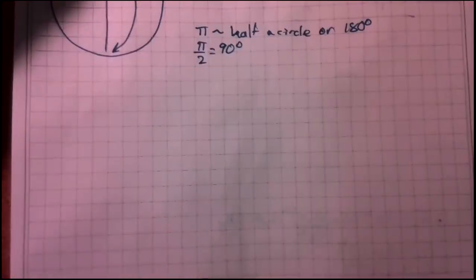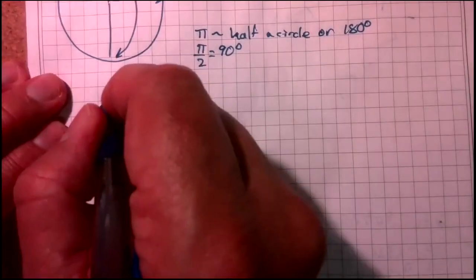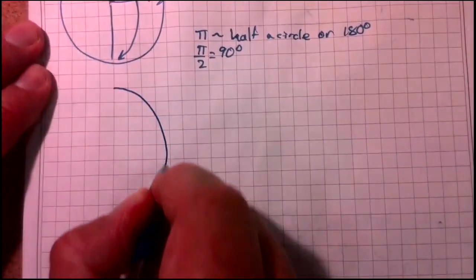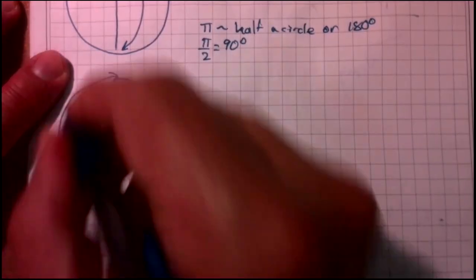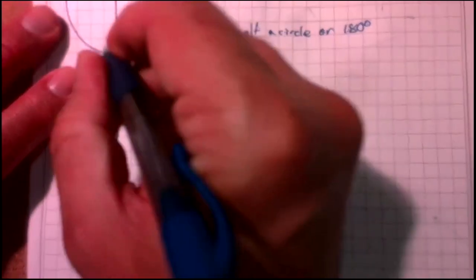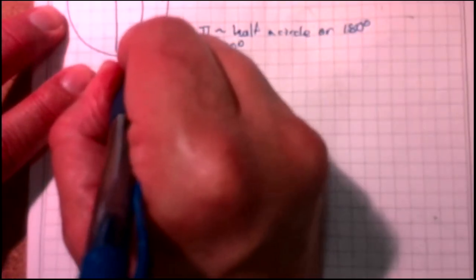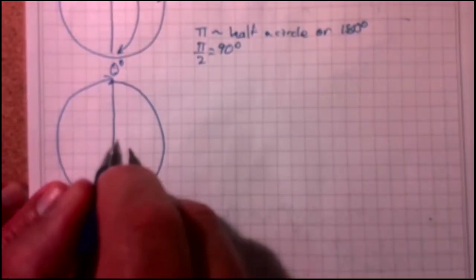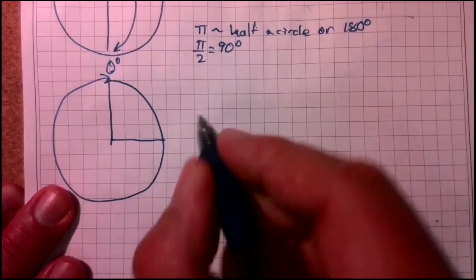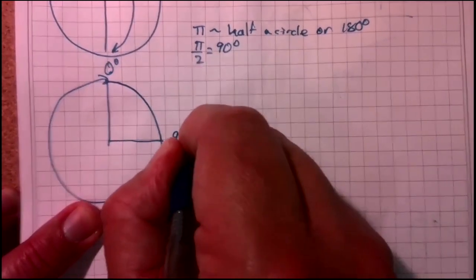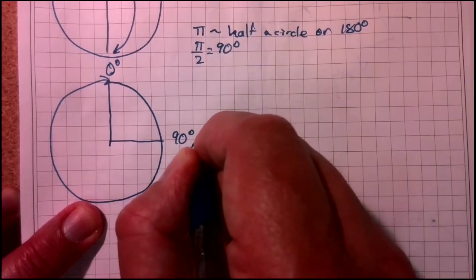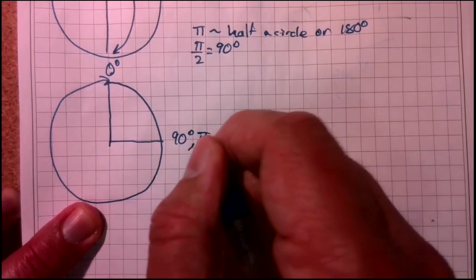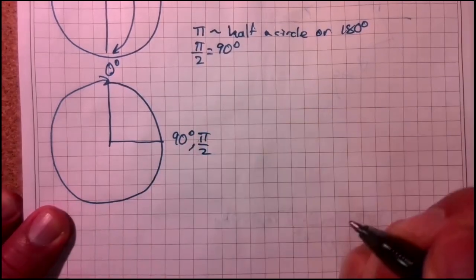Okay, so let's draw a little diagram here and we'll make another circle and we'll make some angles. I like to make pictures. So up at the top here, this would be 0 degrees or 0 radians. If we went over here, this was 90 degrees, or pi over 2 radians.